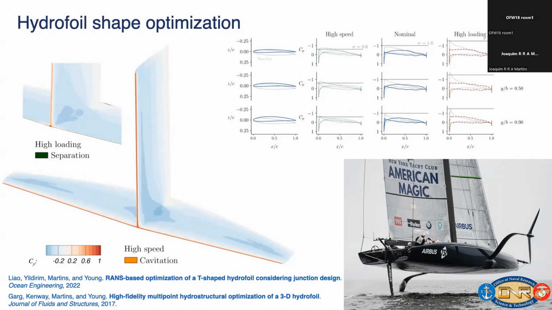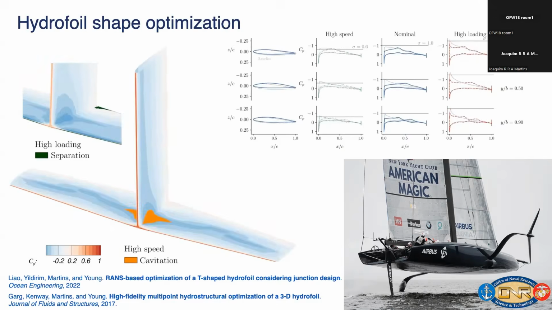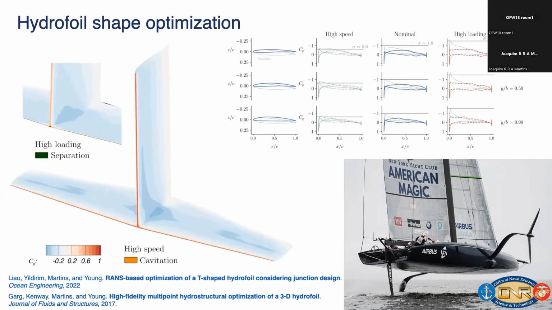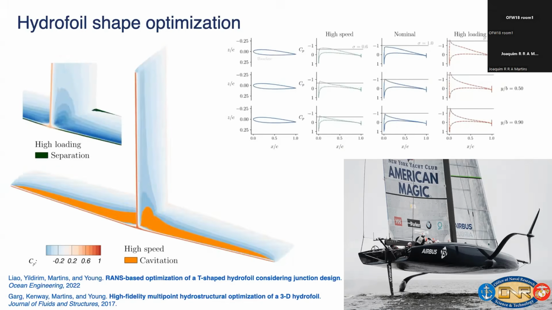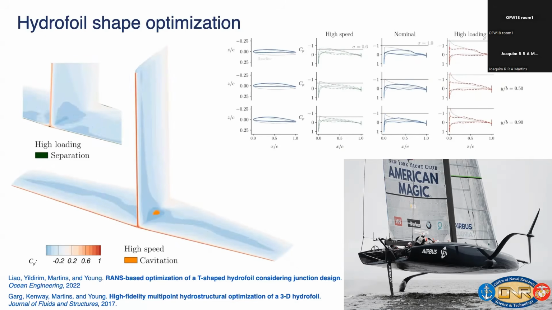All right. And the application, obviously, if you are into sailing, the Ocean Race just finished last week here. They're not using hydrofoils, but America's Cup is now totally dependent on hydrofoils. And it's an amazing configuration they have here, the AC75, and really very interesting problems with hydrofoil optimization.